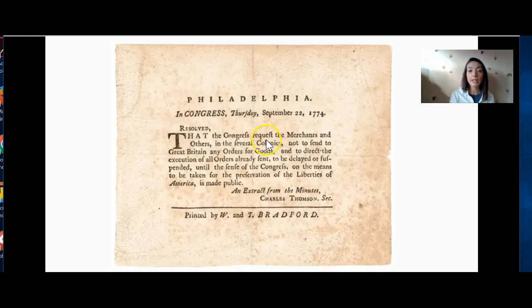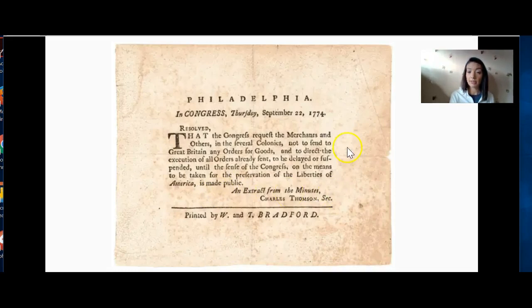That the Congress request the merchants and others in the several colonies not to send to Great Britain any orders for goods, right? So they're not going to ask Britain for any goods, and to direct the execution of all orders already sent to be delayed or suspended until the sense of the Congress on the means to be taken for the preservation of the liberties of America is made public.